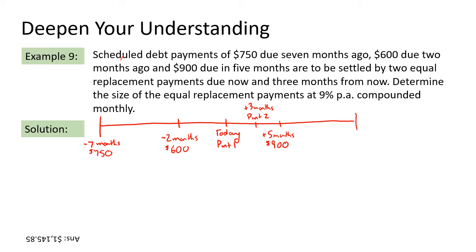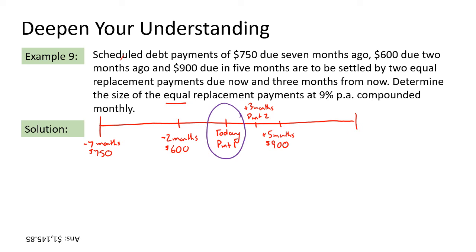And one of them is actually listed as today. So a good focal point to select would be today, right? Because that payment you do not have to do a present value calculation on because we're already at the focal date, right? And remember from the past questions, these are all equal replacement payments.